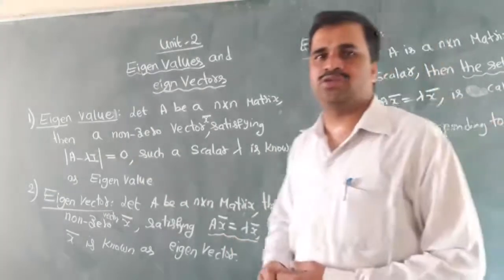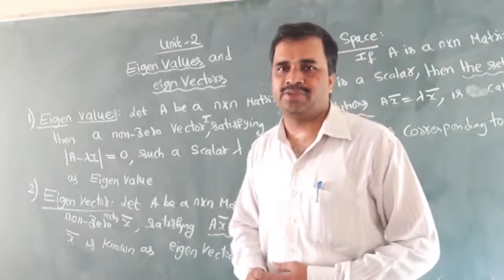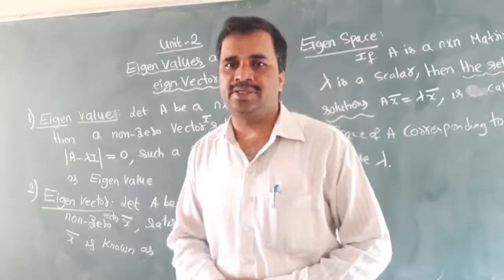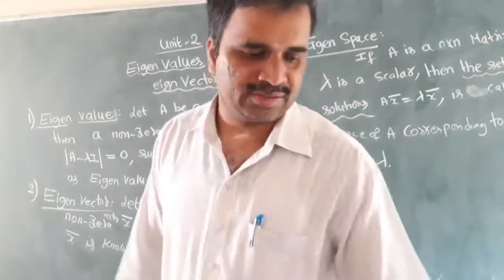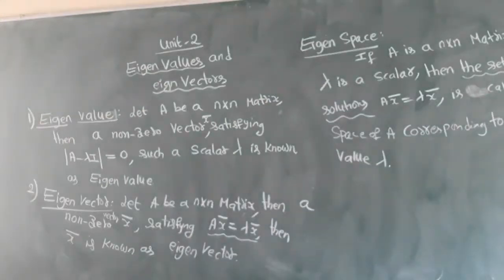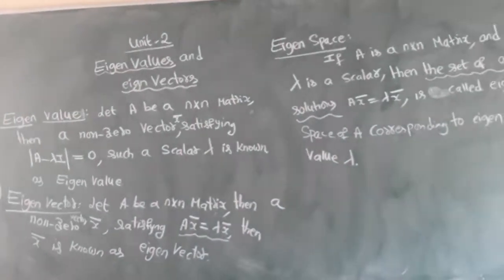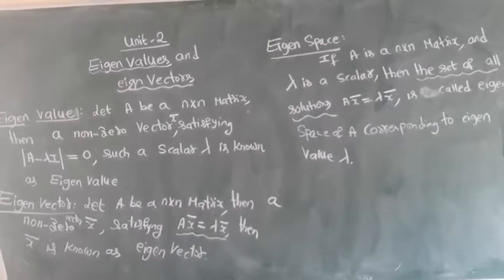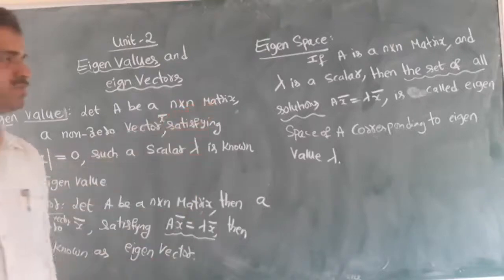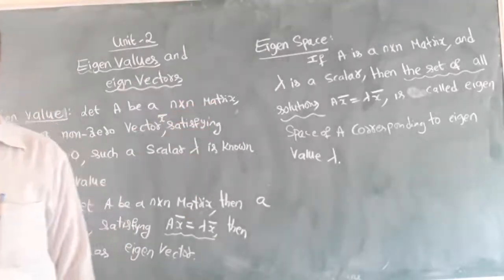If you write all the solutions of A x bar equal to lambda x bar, that set is known as the eigenspace of A. That's all. Copy it.